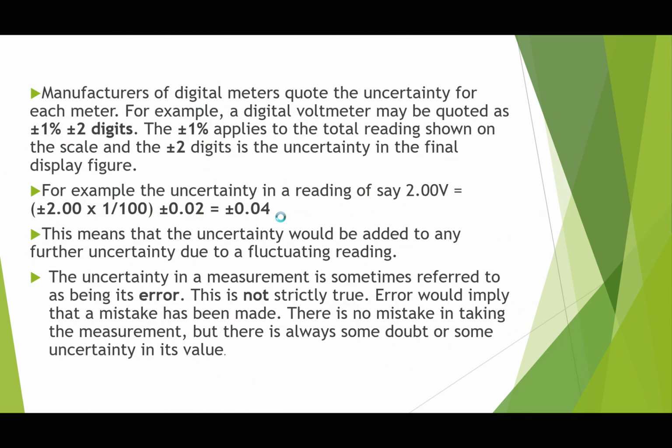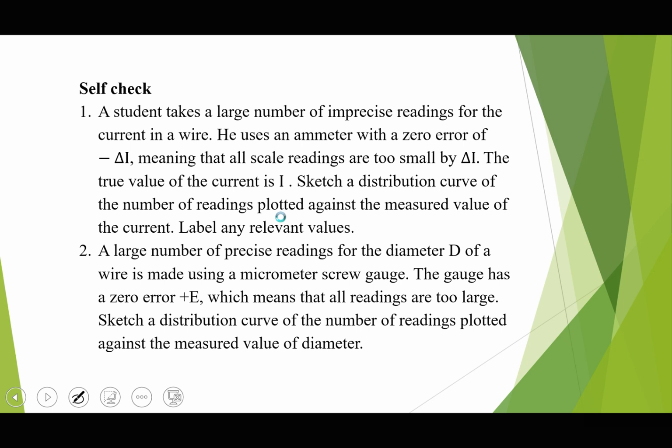Okay, if you have understood that concept, perhaps you will be able to attempt this self-check. A student takes a large number of imprecise readings for the current in a wire. He uses an ammeter with a zero error.